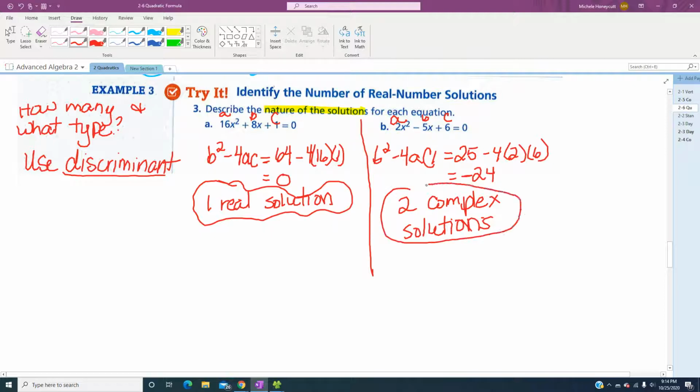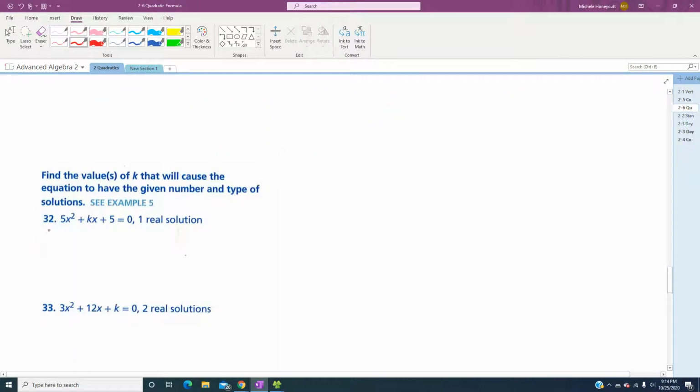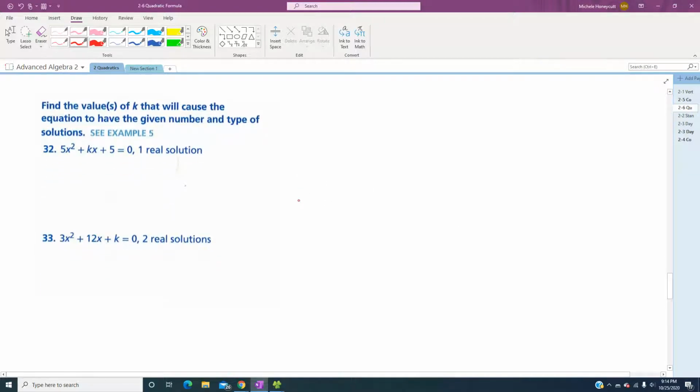Now I want to work a couple from the problem set at the back. So turn your workbook about 2 pages to where you get to questions like number 32, and you'll have some like this in your Math Excel assignment.